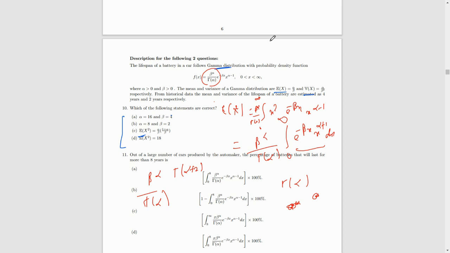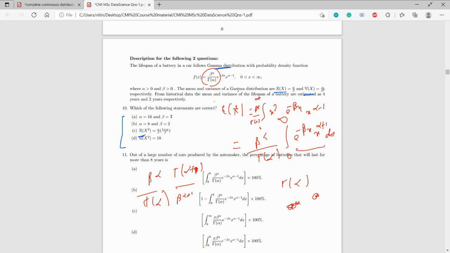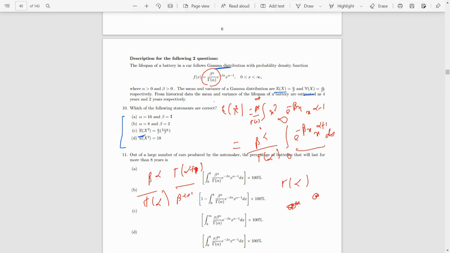So I was saying that this will be broken down into beta to the power alpha plus one, I think, and then gamma alpha plus one. I think it should be that, right? Okay. Let me find out the formula on the internet.